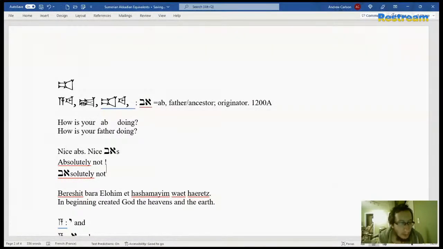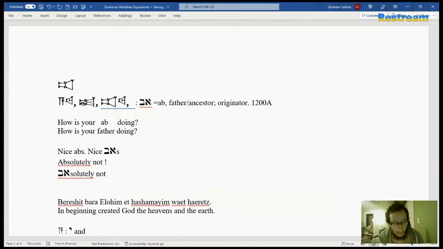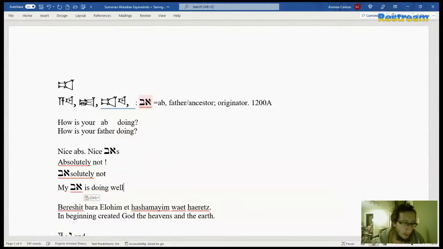How is your father? My father is doing well. So instead of saying my ab is doing well, if you're taking Hebrew and going into English by the same principle, you'd spell it as my ab is doing well, but you'd pronounce it as my father is doing well. But my father is doing absolutely terrific.